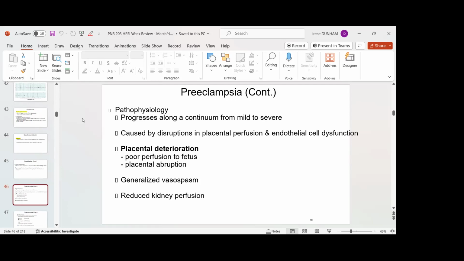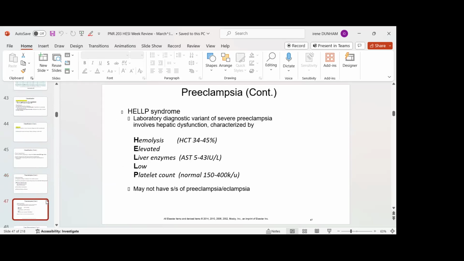Otherwise, you have uteroplacental insufficiency, and this baby will show up on your monitor as late decelerations. And so you have poor perfusion to the fetus, and then you can have that abruption where the placenta will abrupt right off the endometrium. And that's because the placenta is deteriorating right in front of you. Okay. And of course, you have poor kidney perfusion also.